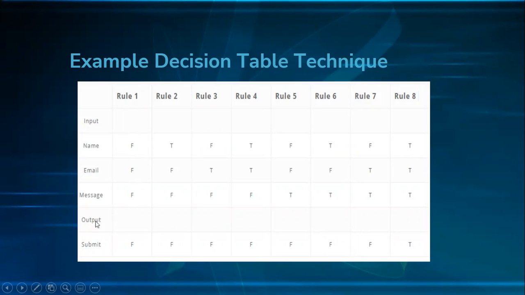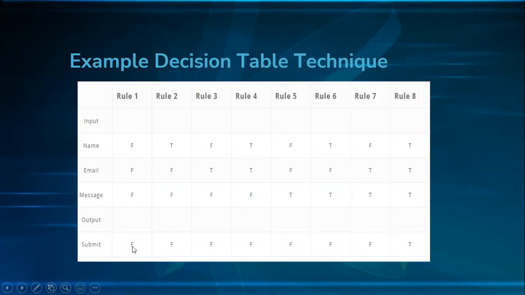Now, this output is my expectation. Should the submit button be triggered? Should it be opened? Yes or no? So if you don't enter these three, definitely you've not given us the true identity of who you are. So definitely the submit button should not be enabled. So I put a false.